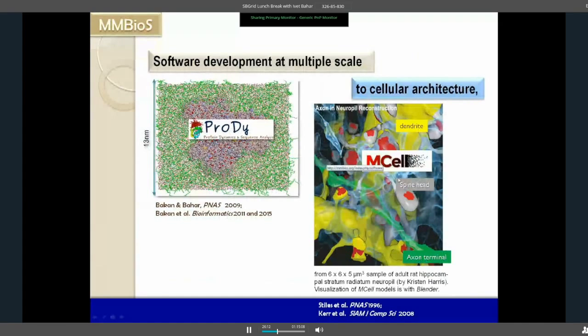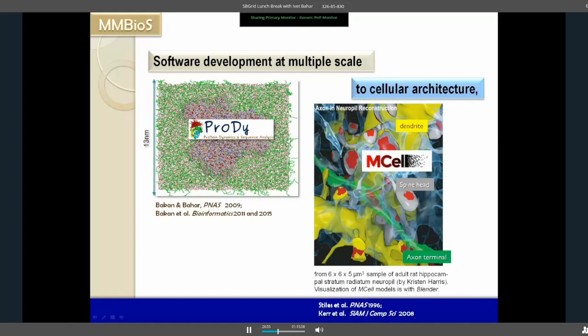And the second is Amcell, which is a Monte Carlo simulation of cellular processes using detailed structural information on the cell. And by using just this type of reconstructed structures, we are able to simulate the central nervous system signaling and regulation events with spatial complexity and stochasticity.